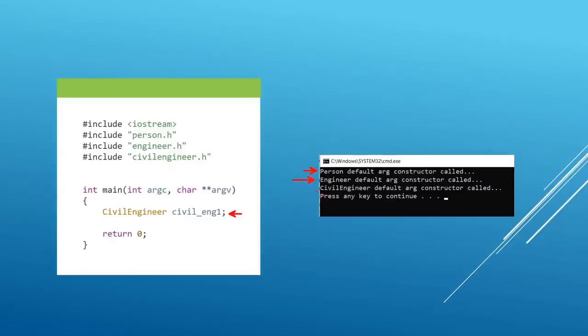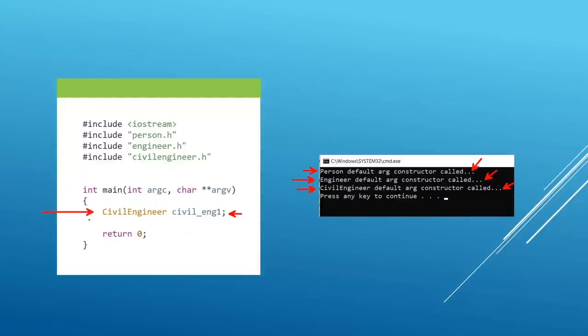Then we're going to build a civil engineer layer on top of the engineer stuff that we have already got. And the compiler is going to do this using the default constructors by default. So we're going to call the default constructor for person first. We're going to call the default constructor for engineer. And then we're going to call the default constructor for civil engineer to complete the construction of our object.